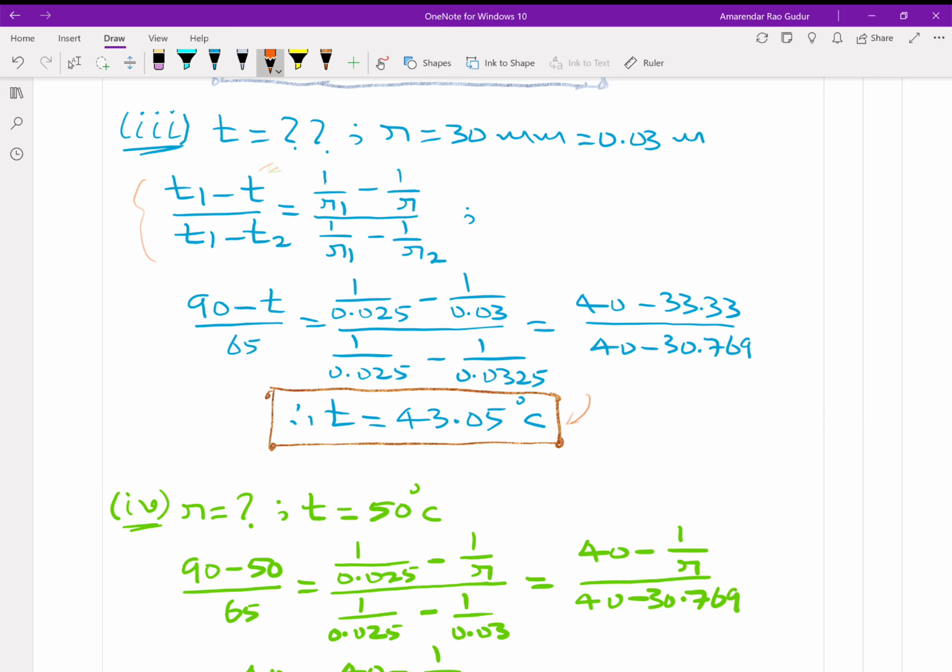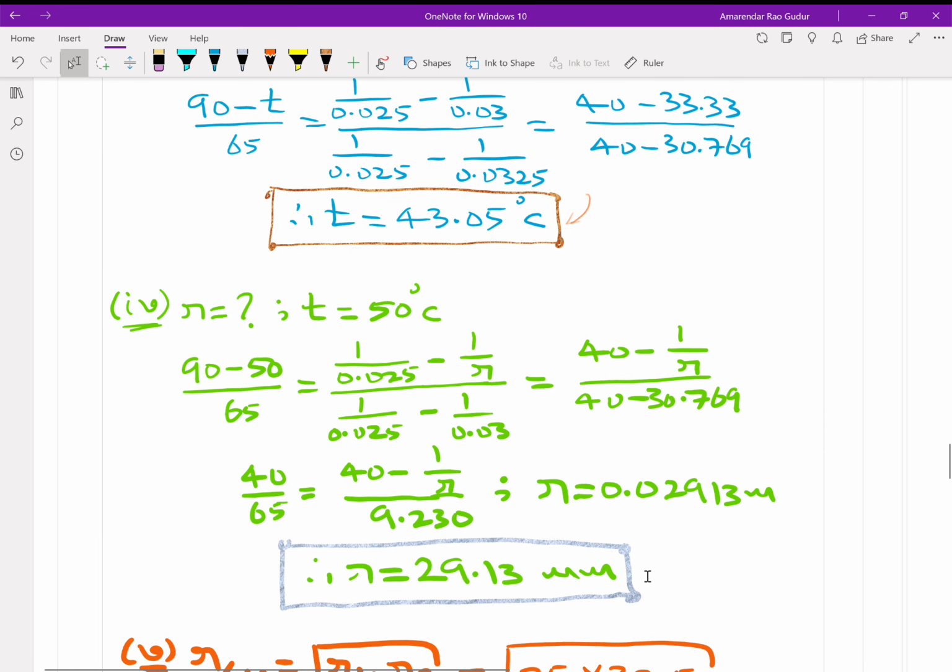Now the same equation can be used to identify the radial position where the temperature is 50 degrees centigrade. Everything is the same. You calculate R, which is going to be 0.02913 meters, multiplied by 1000, 29.13 mm.